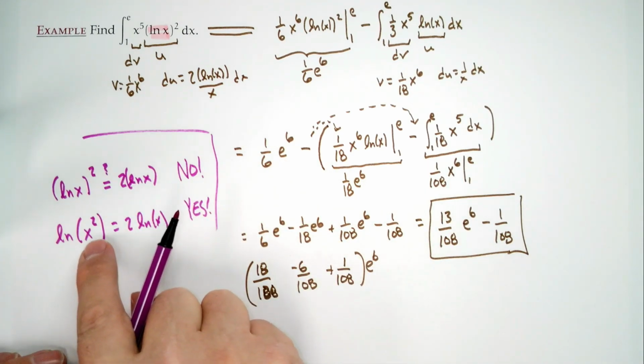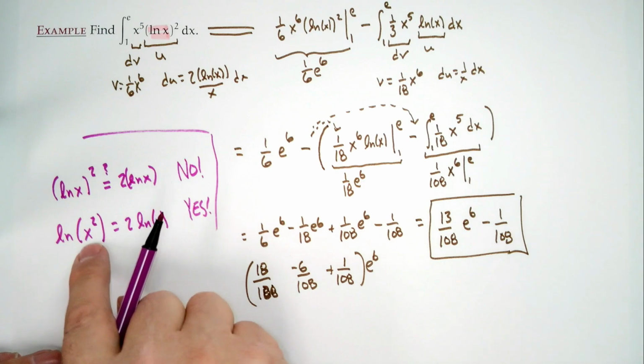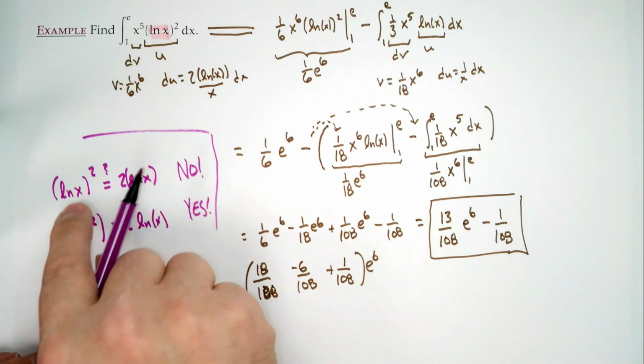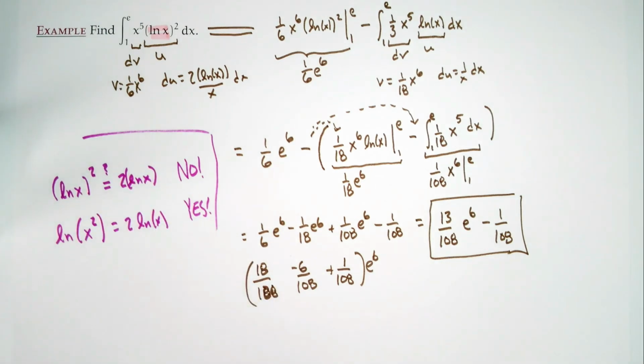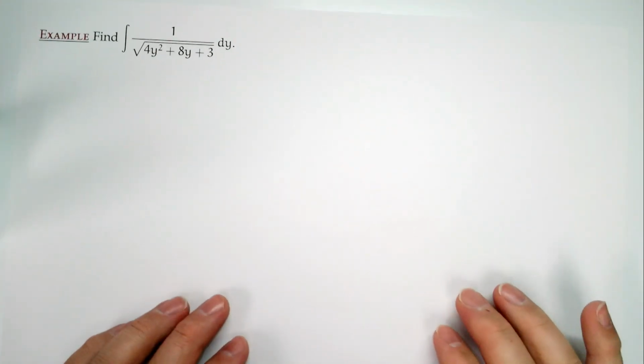See, there's a little subtle difference. Here, the squaring is happening inside the log function. Here, the squaring is outside the log function. So pay attention. Be careful. Do not fall for easy mistakes. If you're going to make mistakes, make them beautiful, glorious, crazy, and interesting. Not easy mistakes.